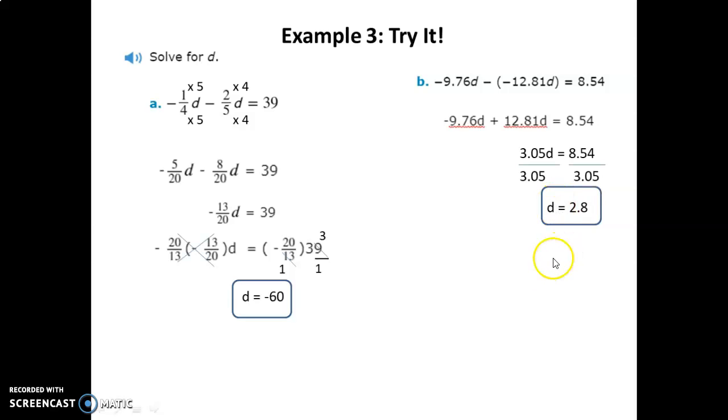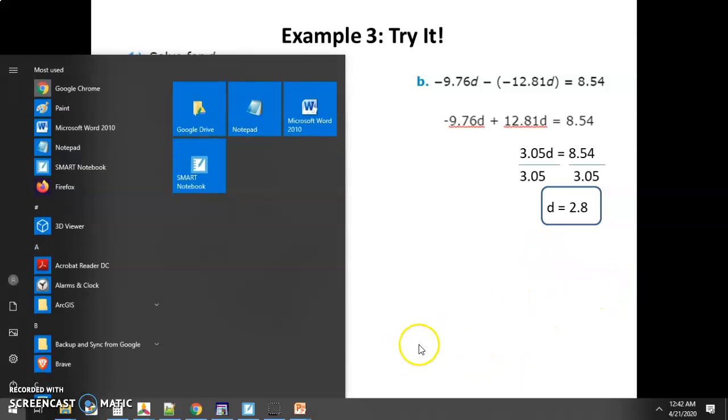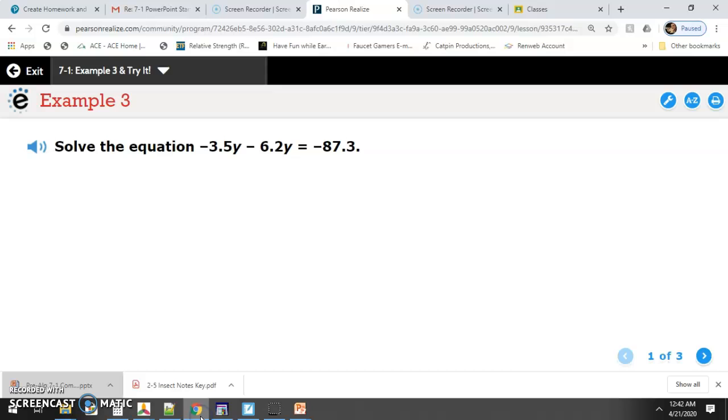Before we do any other ones, let's look at a couple on Pearson. You could probably find a section in your book and look at these too. It is section 7.1. I'm not sure of the page though. On this one, you are combining like terms first again. They are both negative terms, and they both have a y in them.